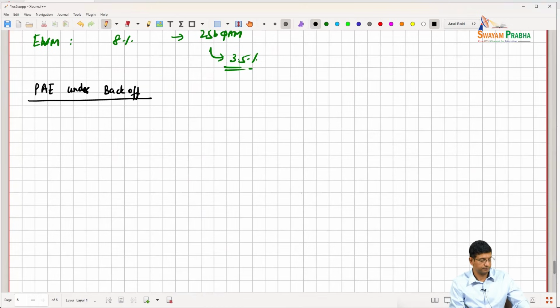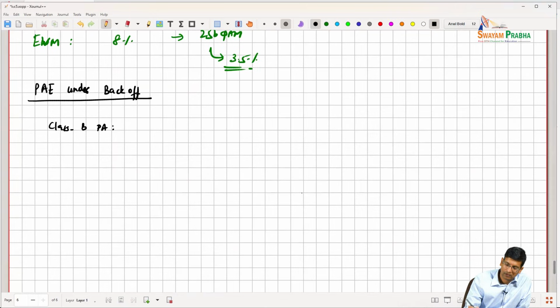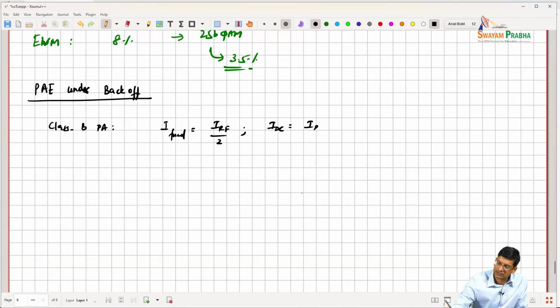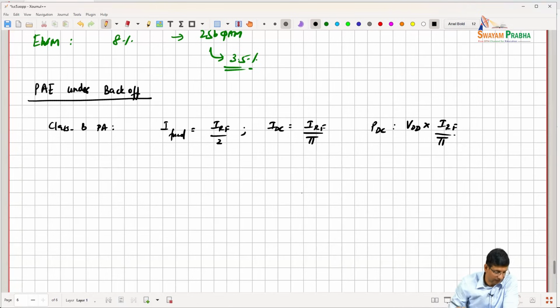Remember in the class B PA, what we saw was that I fundamental was IRF divided by 2, IDC was IRF divided by pi, and then PDC will just be VDD times IRF divided by pi.